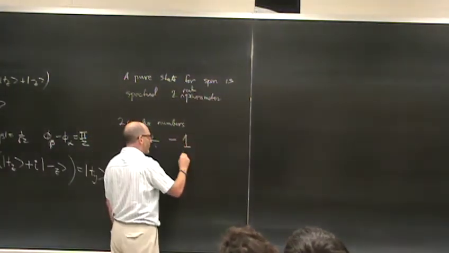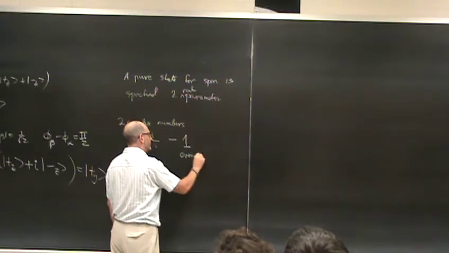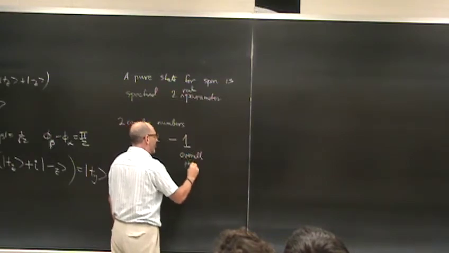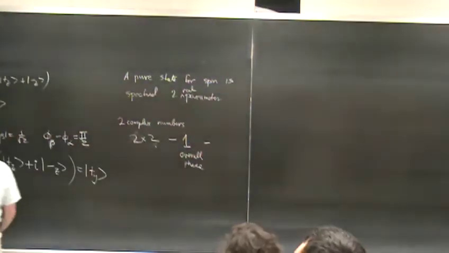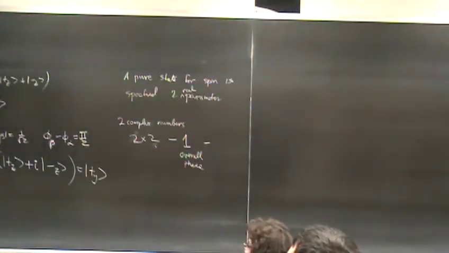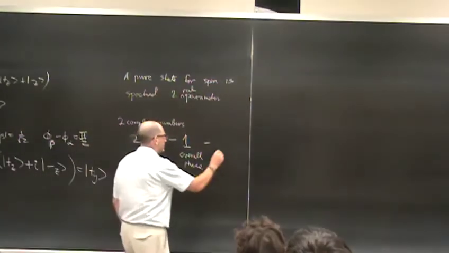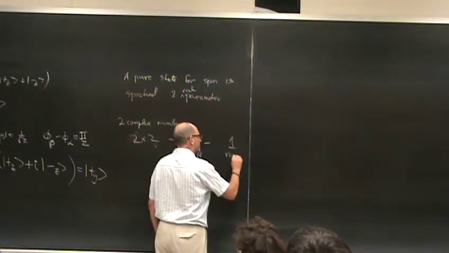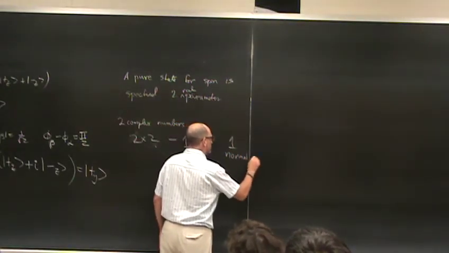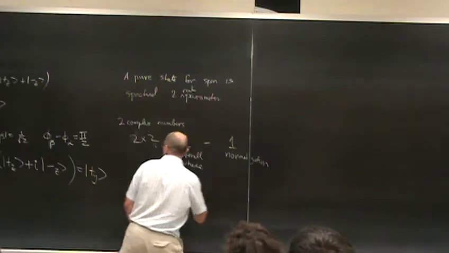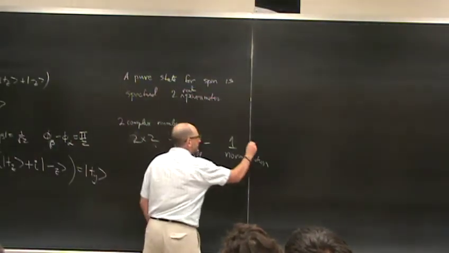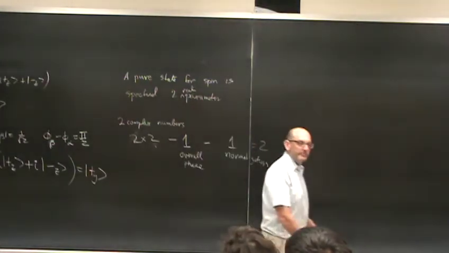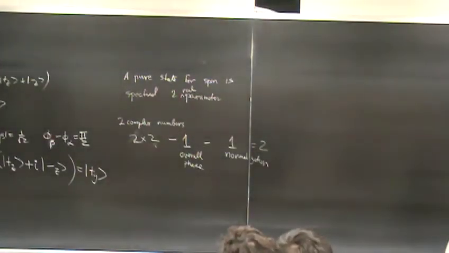Minus 1 for the overall phase. Minus another 1 because one of the amplitudes is defined in terms of the other by normalization. So the number of real parameters it takes is 4 minus 2, which is 2. Okay.